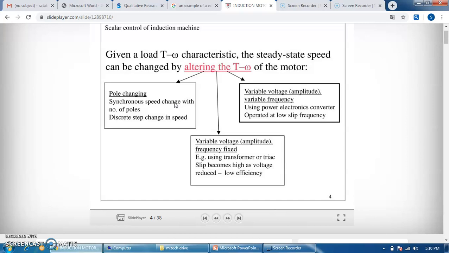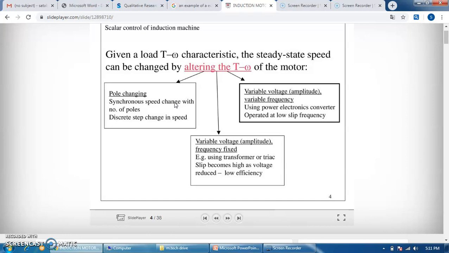The rotor is not given any supply, and by virtue of Lenz's law and electromagnetic induction, the rotor tries to catch up to that synchronous speed and begins to rotate. So if we are able to vary the rotating speed of the stator field, the speed of the motor can be controlled.